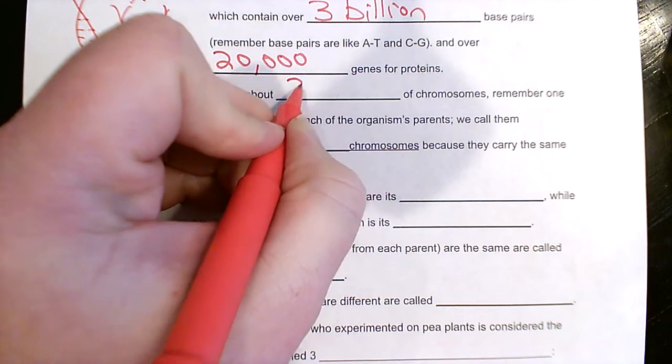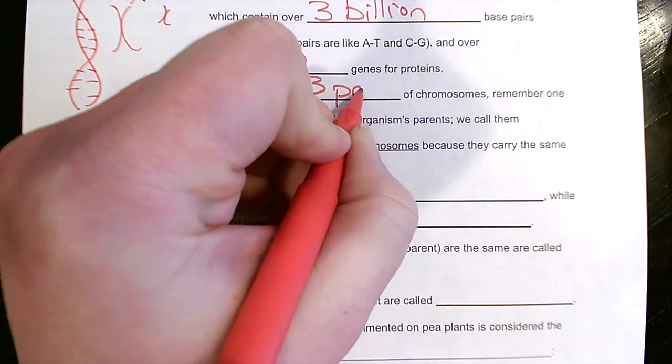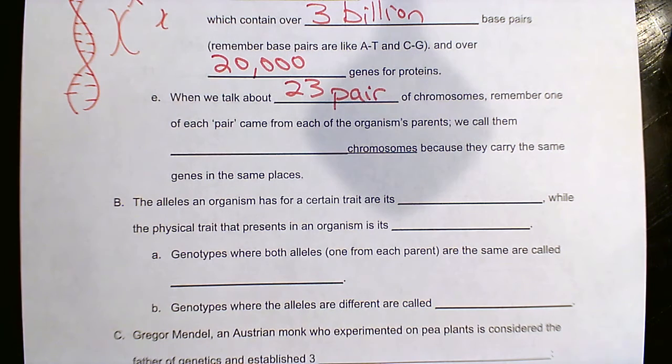So again, when we talk about, we always say we have 23 pair of chromosomes. Remember where those come from. They come from one from each of your parents. So my mom and dad are Linda and Kermit, and I have 23 chromosomes from mom, 23 chromosomes from dad, and they're each numbered, like geneticists like to number them 1 through 22 plus the sex chromosomes.